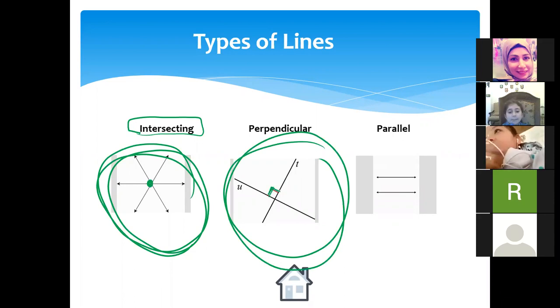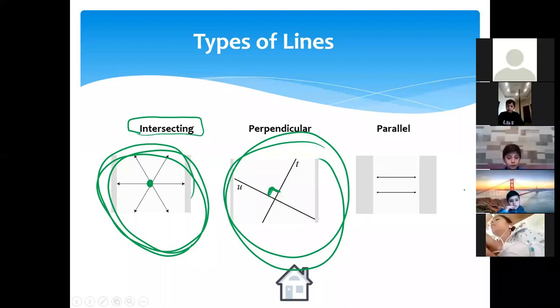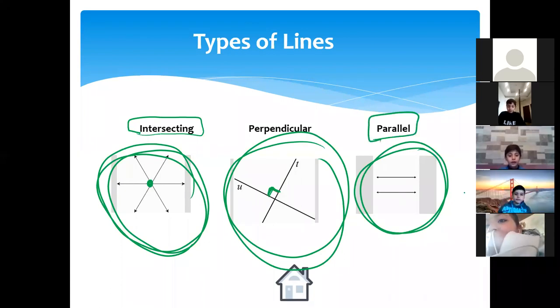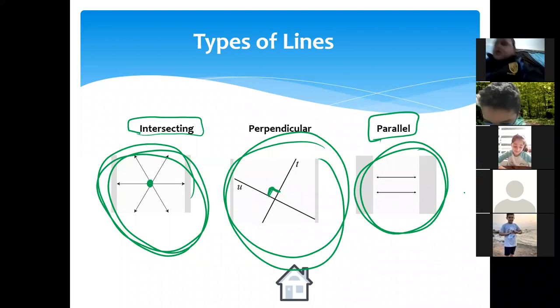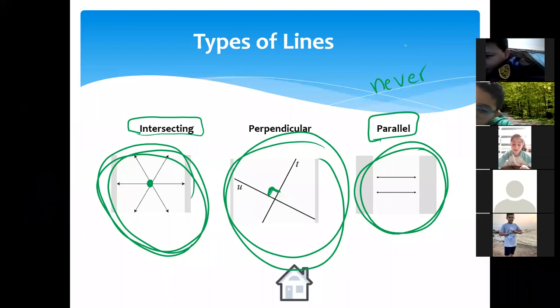Perpendicular lines, because they form the letter L. Here they form a right angle and a letter like L. And the last one? Parallel lines, because they never meet. The first one they meet at a point, the last one never meet.